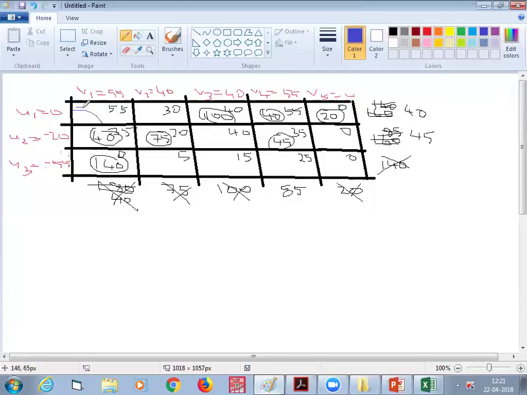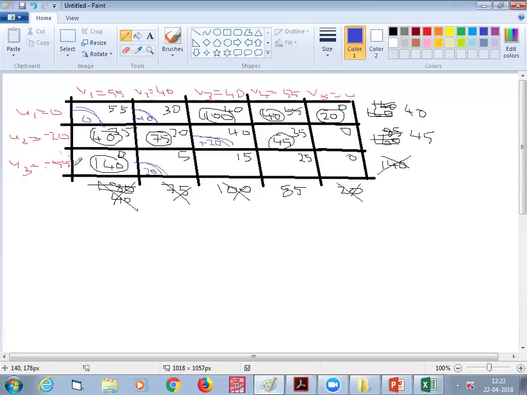So delta ij here is 55 minus 0 minus 55, which is 0. This one is negative, right? 30 minus 0 minus 40 is minus 10. Here 5 minus minus 55 is 60 minus 40 is 20. So that's plus 20, no problem. 40 minus minus 20 minus 40 is plus 20. So again, no problem here.